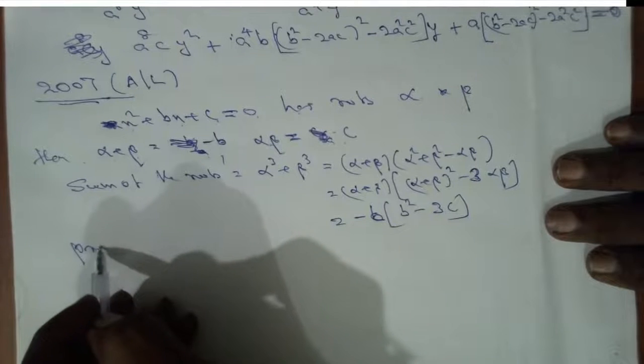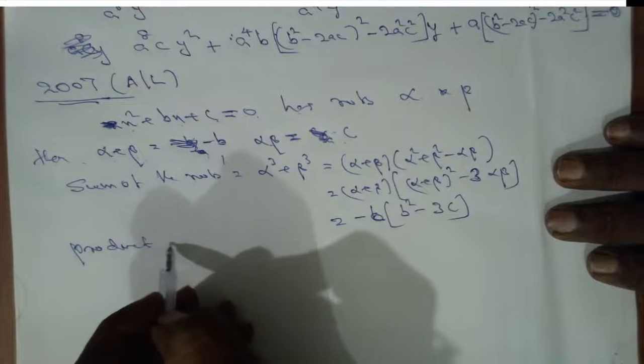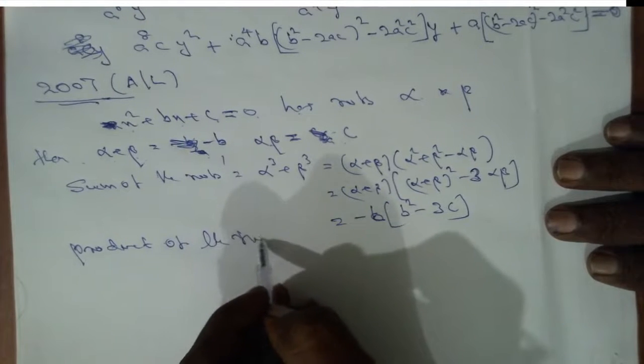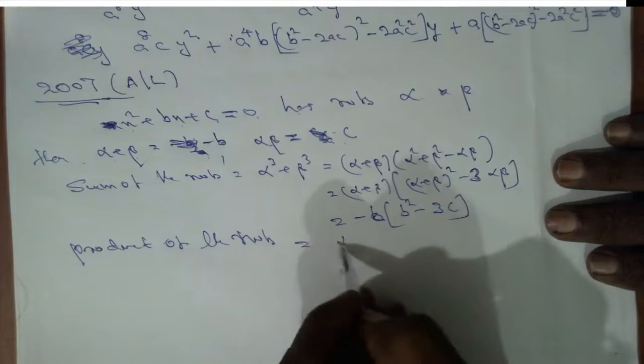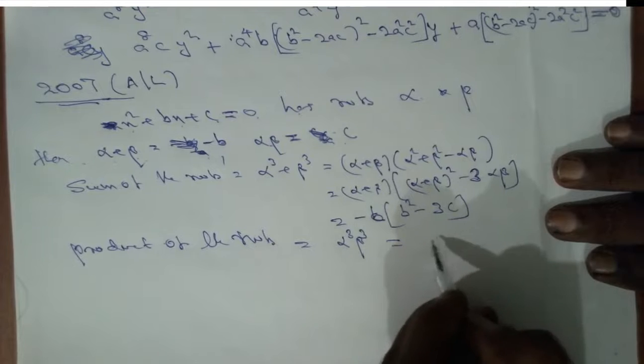Product of the roots, that is alpha cube into beta cube, that is c cube.